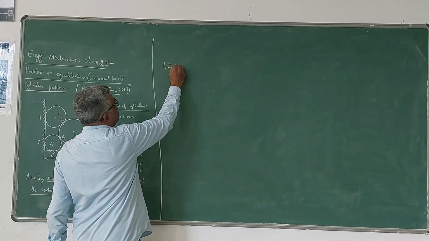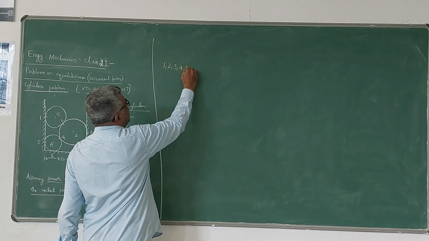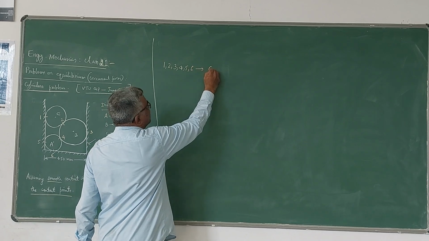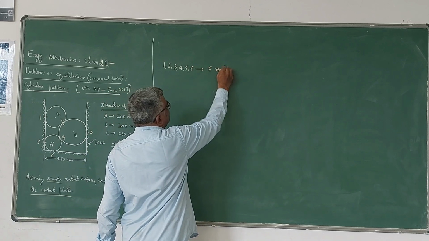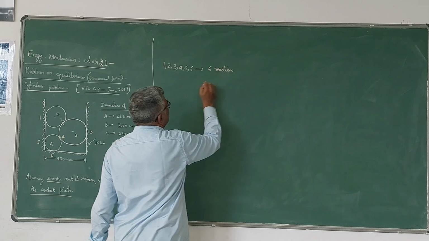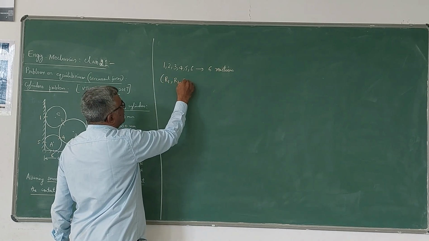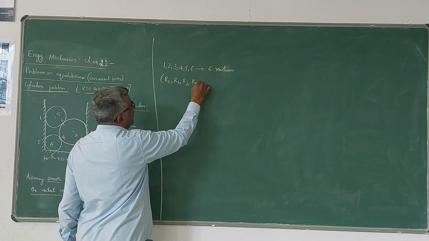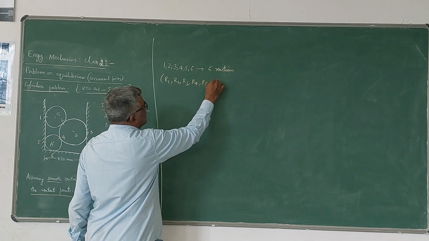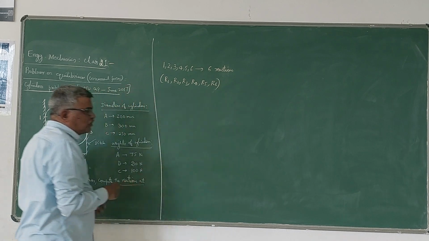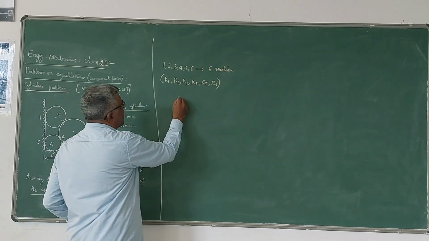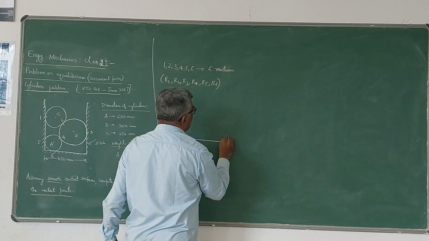So 6 contact points. At each point, you will be having 1 reaction. Therefore, you will be having 6 reactions: R1, R2, R3, R4, R5, R6. And how they will appear, how they are going to develop, you can just see here.